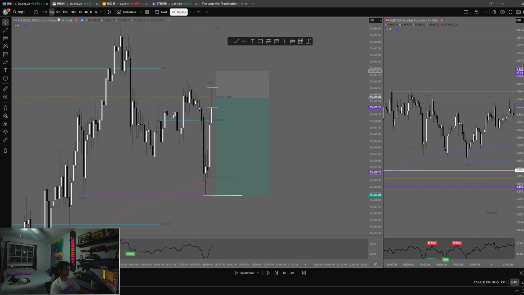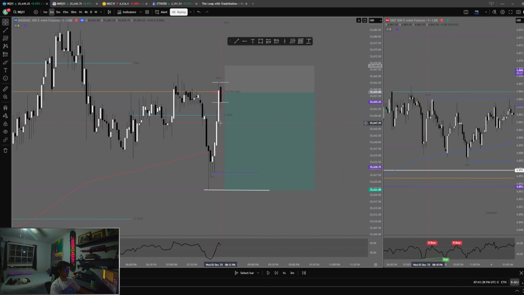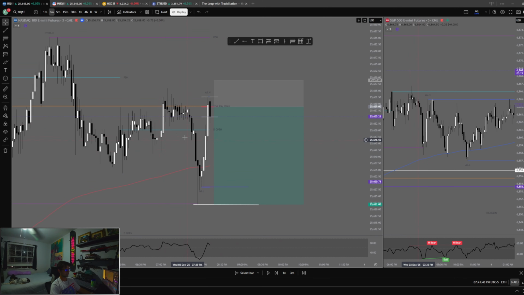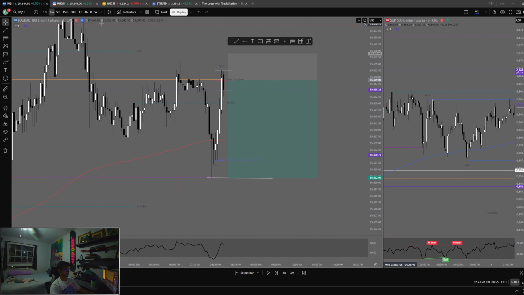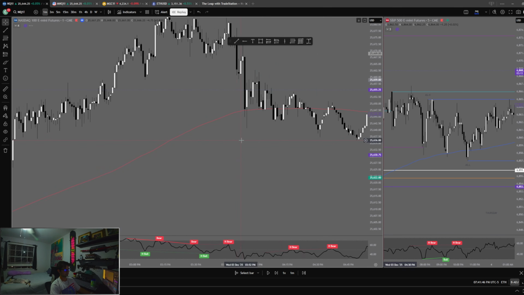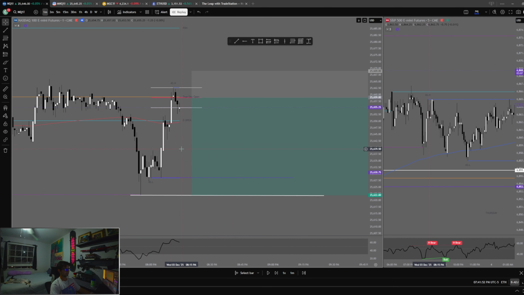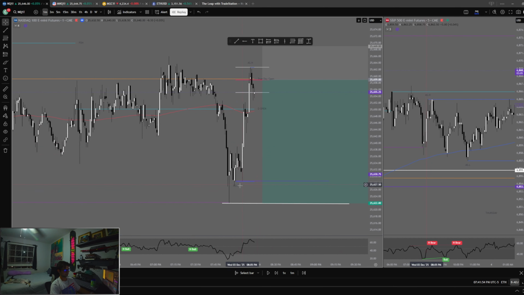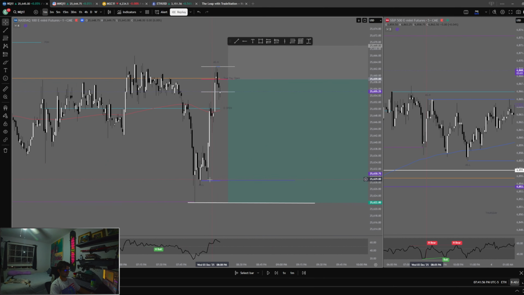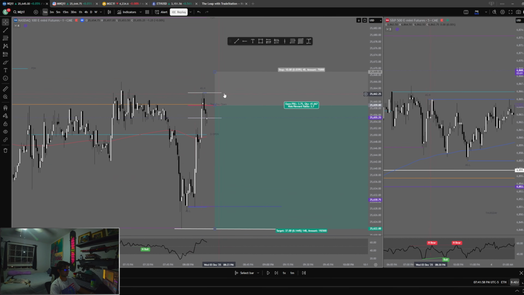We have an unfilled 3-minute right here, and then just 1-minute resting lows like so. We have this low right here, this low right here, low, low. I was ultimately targeting this lowest low down here because it was sitting below this 5-minute equal low.